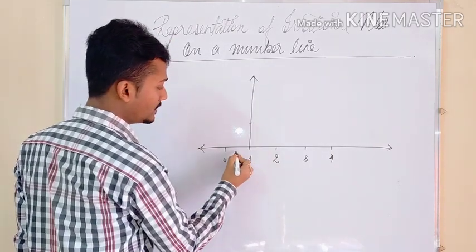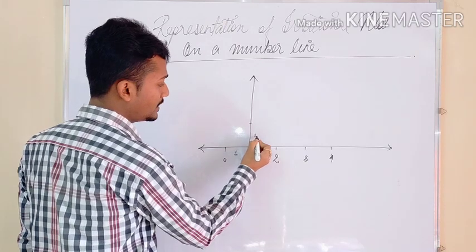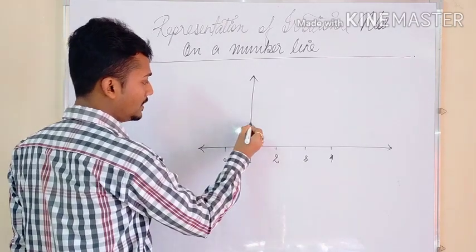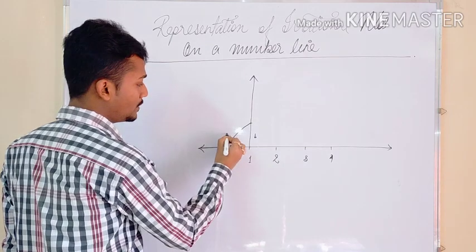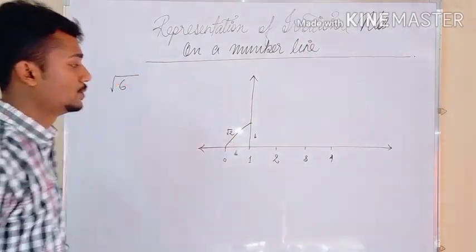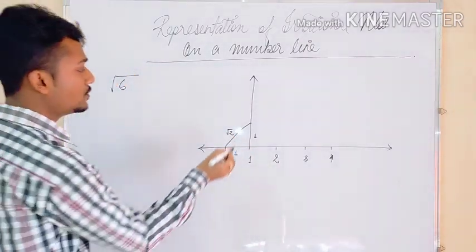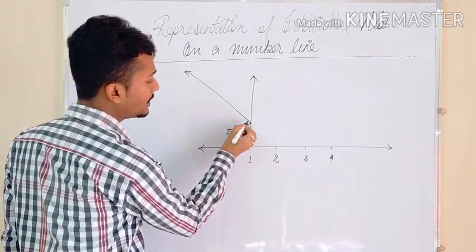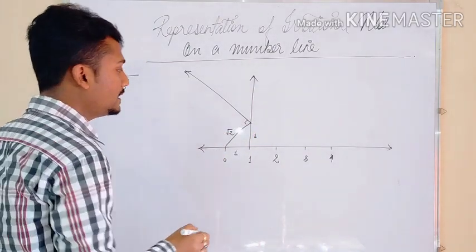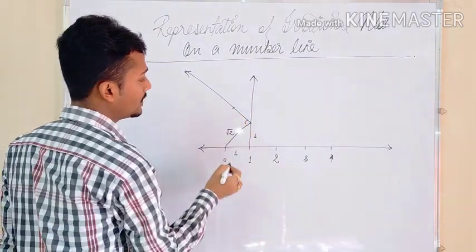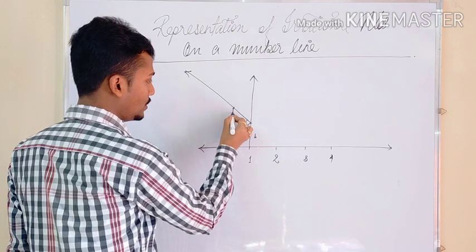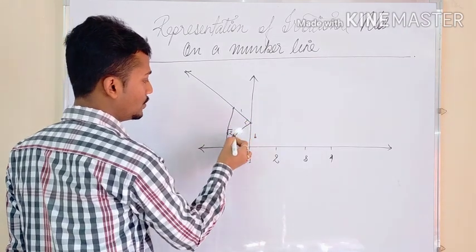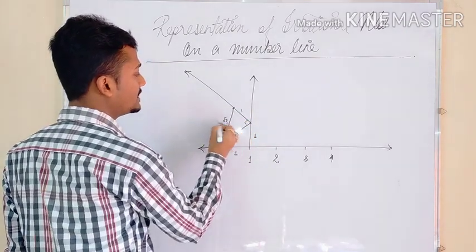Here 1 unit, here 1 unit, join, it will be equal to root 2. Now, I will try to find root 3. Place the protractor, take it 90 degrees. This is almost 90 degrees. Again 1 unit. So this will be root 2 and 1. This will be root 3.